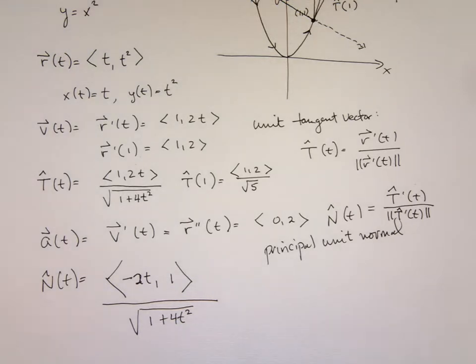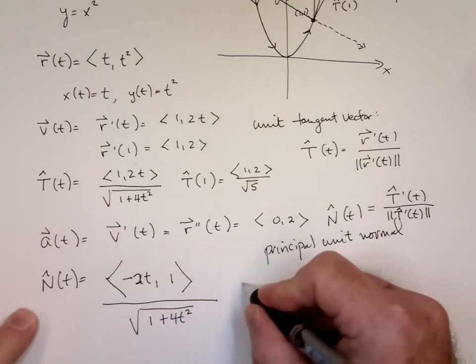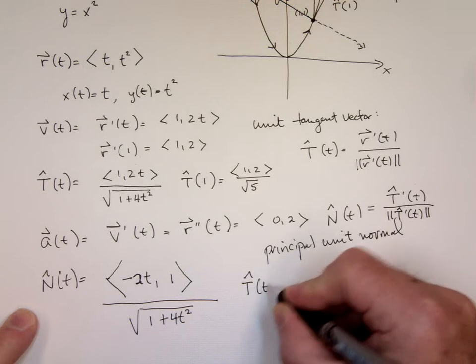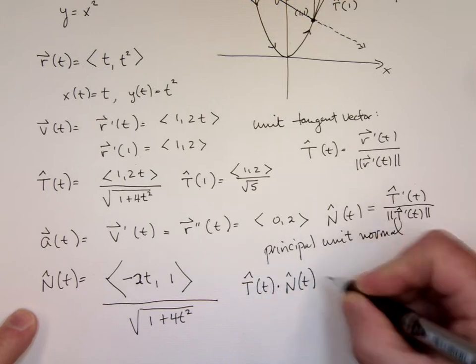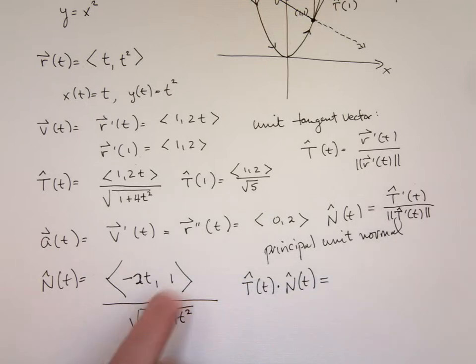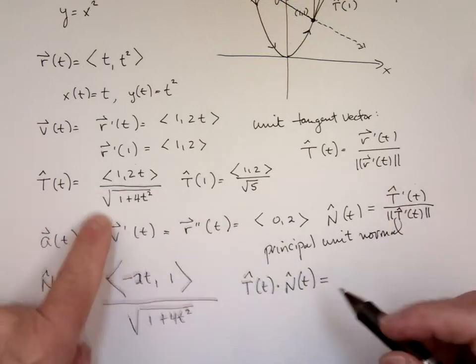So what I want to do is take this normal and dot it with the tangent, and let's see what happens. Let's take the tangent, dot the normal. And that's the whole point of swapping them and taking the opposite of one of them, because here's my tangent vector.